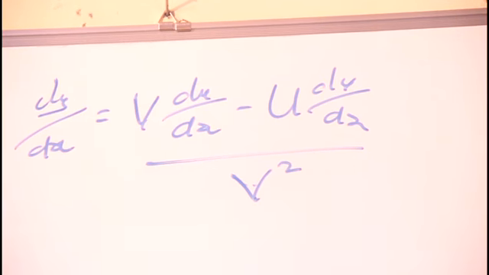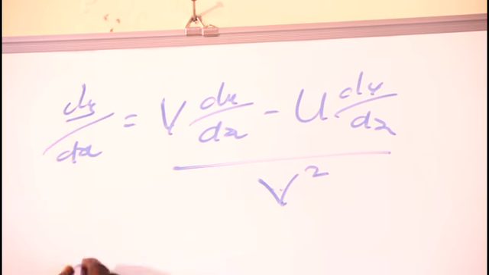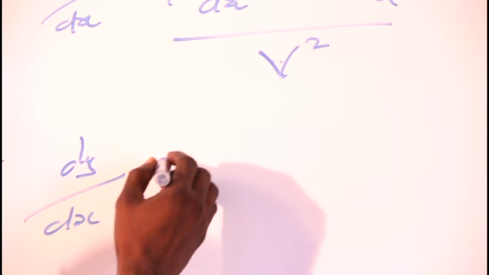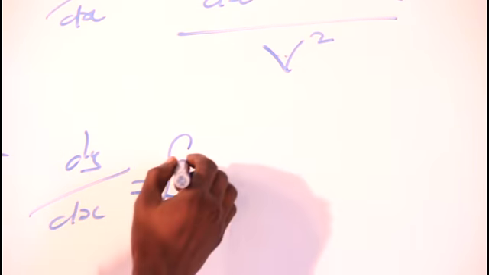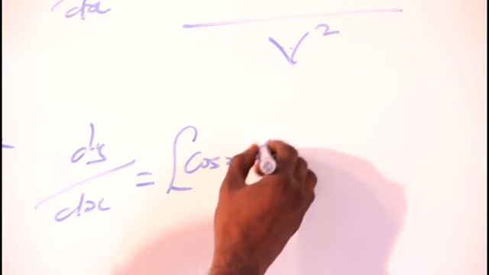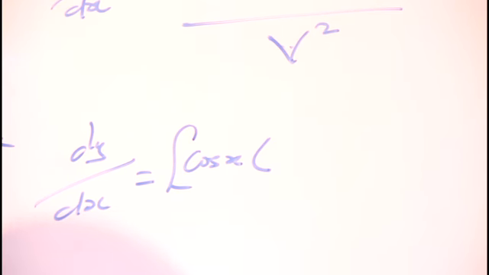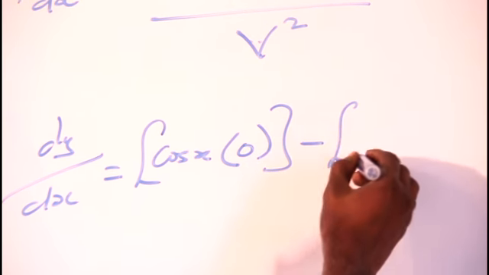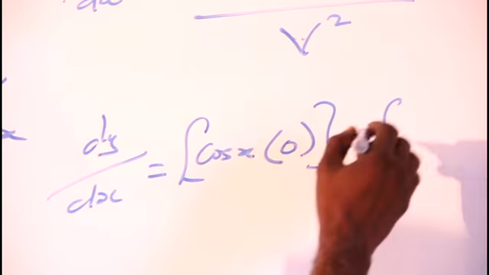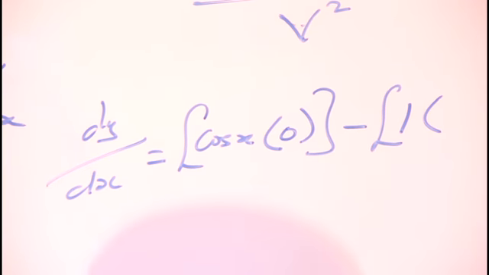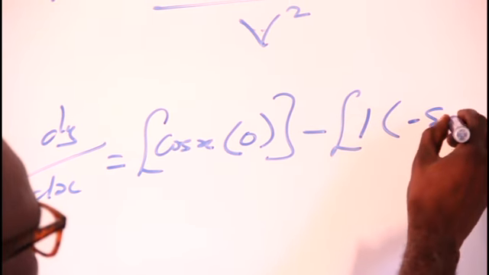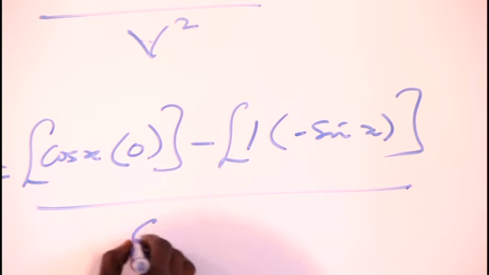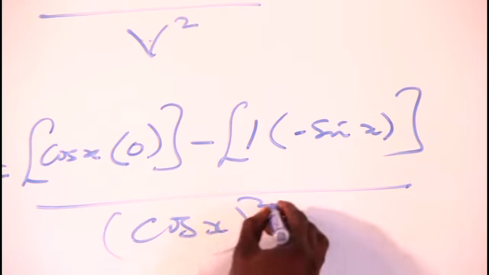Now we have dy over dx equal to: our v is cos x into du over dx which is 0, then minus, our u is 1, into dv over dx which is minus sine x, all over v, that's cos x, all squared.